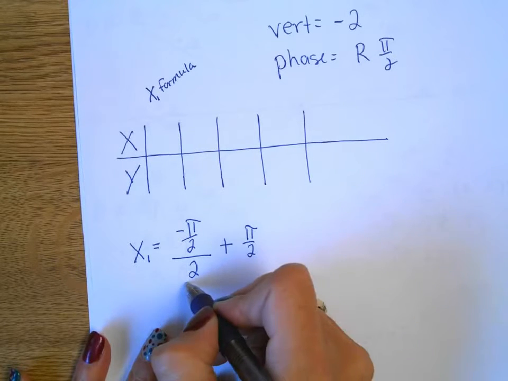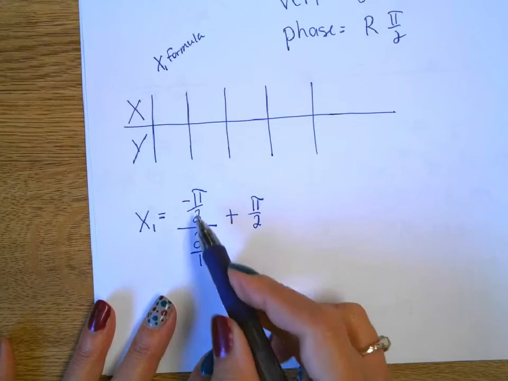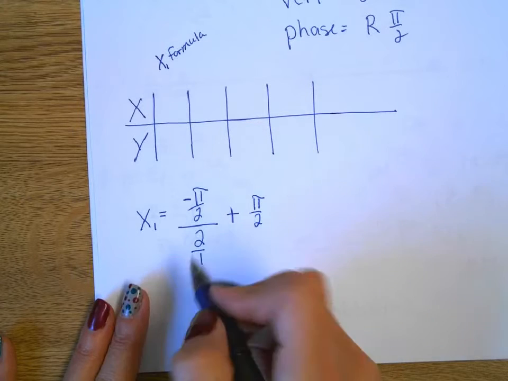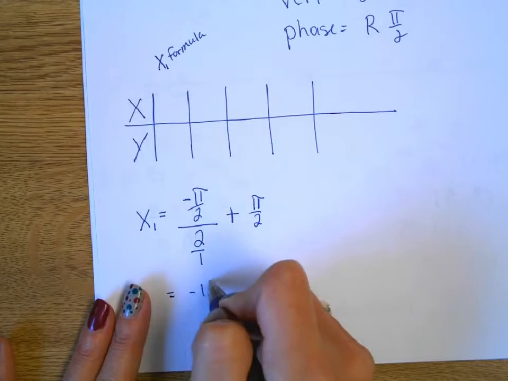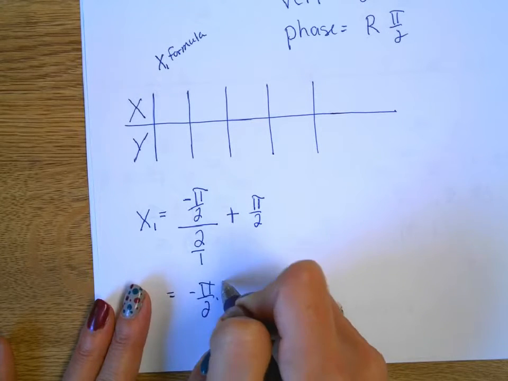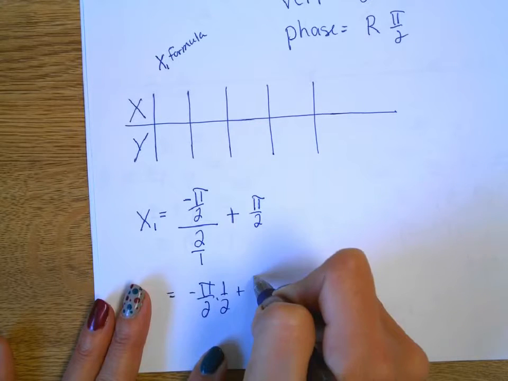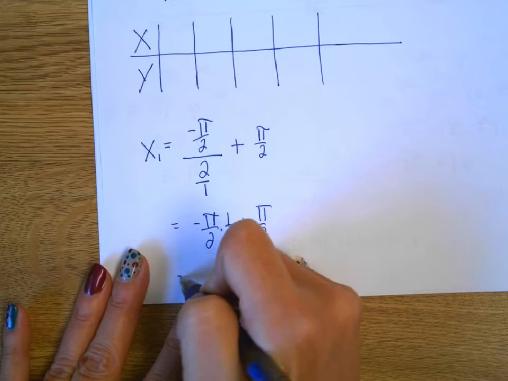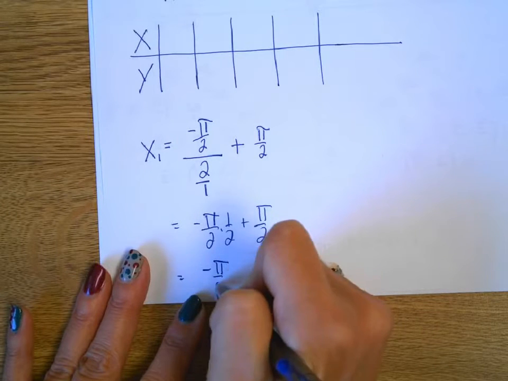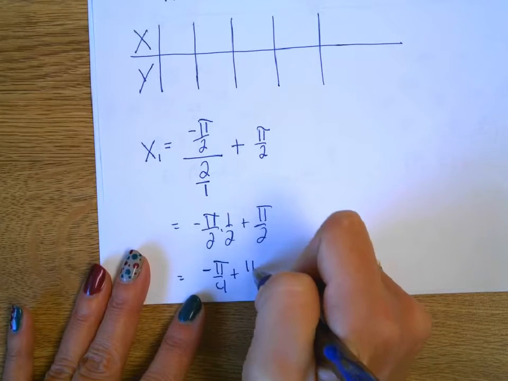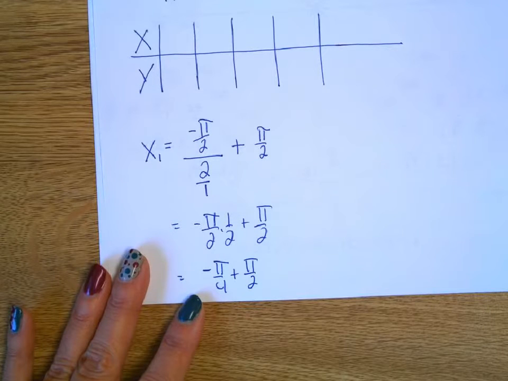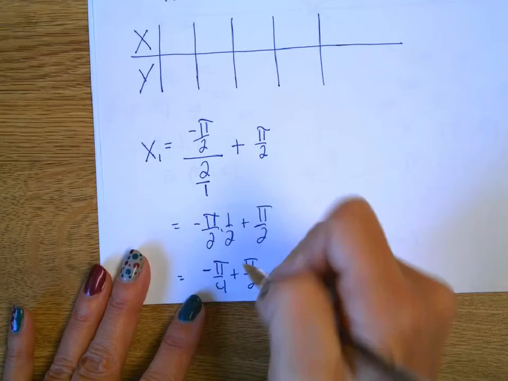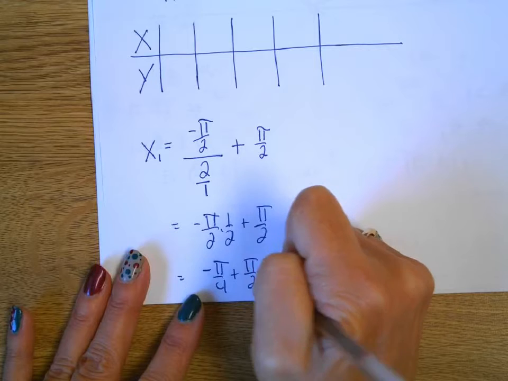Okay, so I have to take care of this first. I got a fraction divided by 2. So how do I do that? Multiply by 1/2. So that's a negative pi over 4 plus pi over 2. Then don't you have to times it by 2? Never mind.